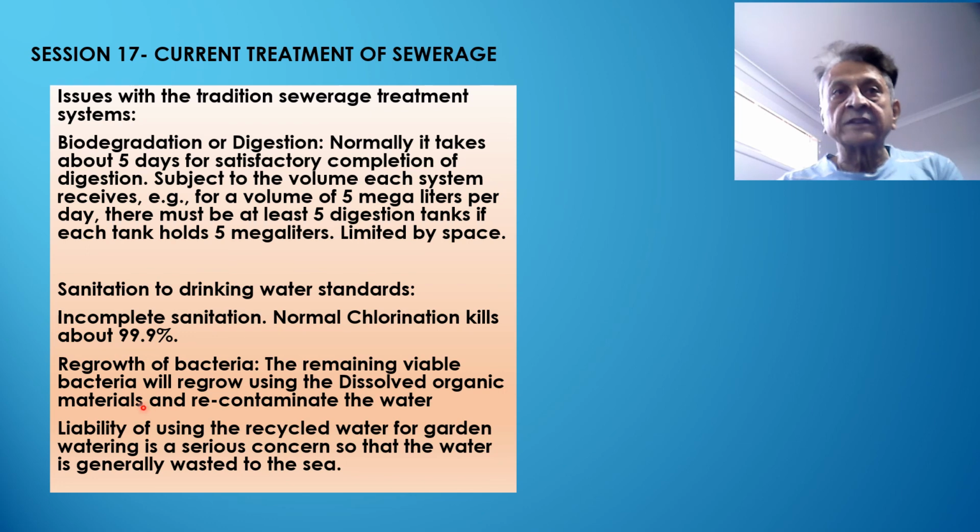Dissolved organic materials which are not removed in the treatment are used as food for the 0.1% of the bacteria to regrow and completely take over to high levels. Because of this issue, the liability of using recycled water for garden watering by the council has become a serious concern, so they normally stop the process and get the water wasted into the sea.